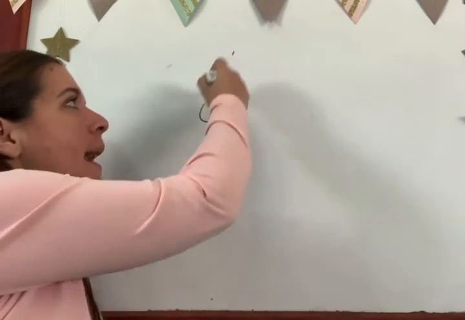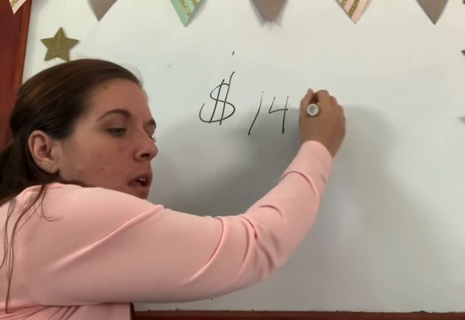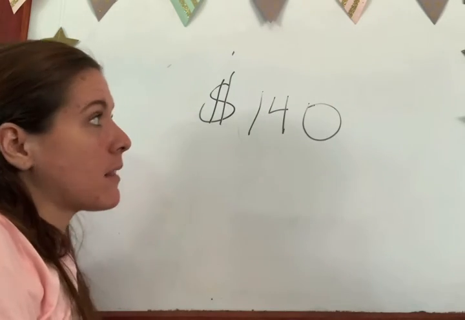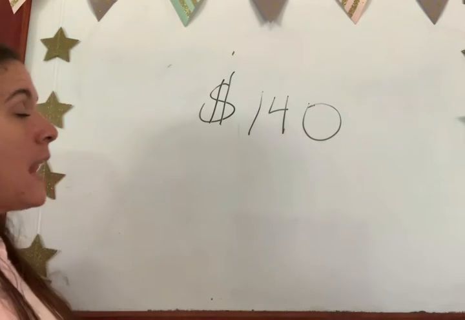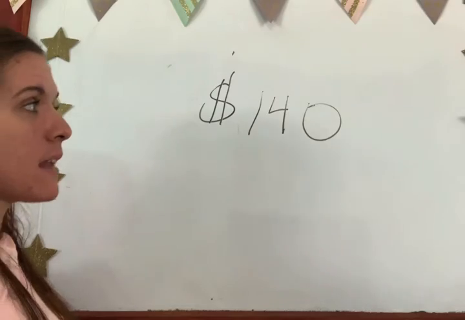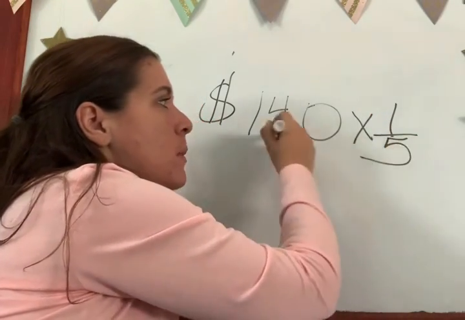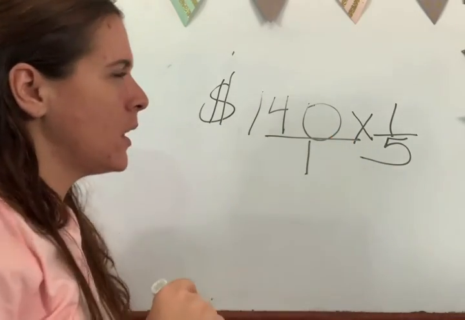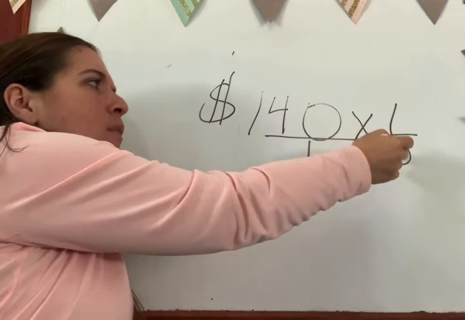He goes to buy 1 tire for $140. Okay, sad, that's how much you have to spend on a tire, a llanta for your car. Now, he says that it's on a 1/5 discount. So you have to multiply this times 1/5. So you put this over 1, okay? I can divide 140 by 5.